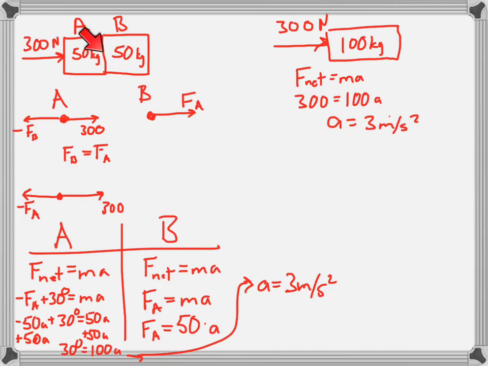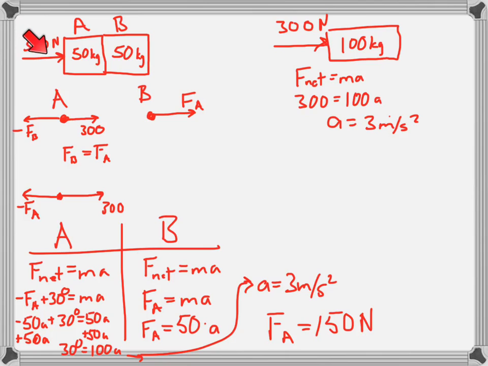So we know that can't be true, that box A exerts 300 newtons on box B, and box B exerts 300 newtons on box A. So how much force does it exert on box A? Well, let's find out. Okay, so actually all I have to do is just take 3 times 50, right? And I get the force due to box A on box B is 150 newtons.